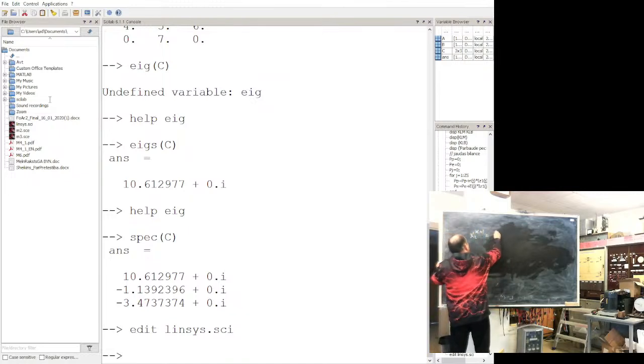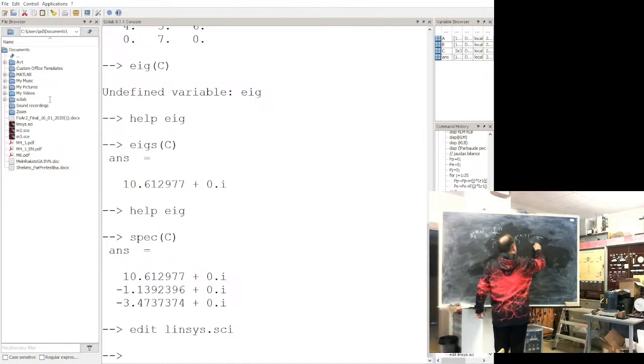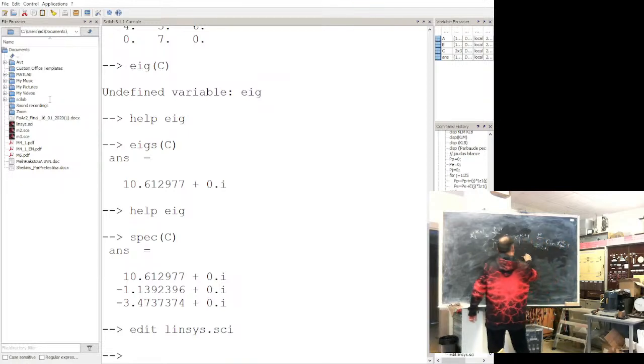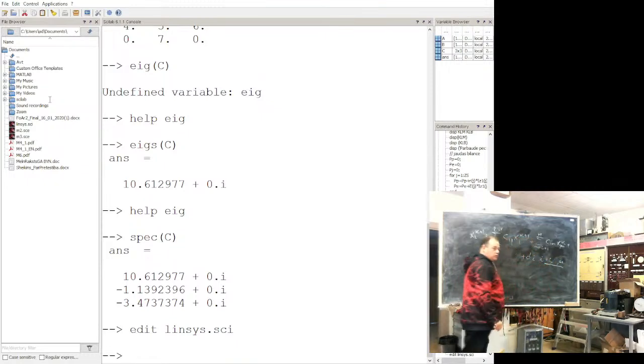Next is a sum from 1 to i minus 1, I need x next, plus a sum over m from i plus 1 to the number of elements, c_im times x previous, plus b_i, for i from 1 to the number of iterations.